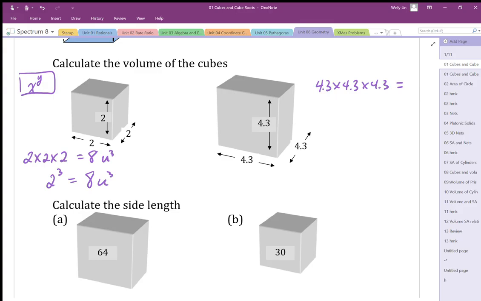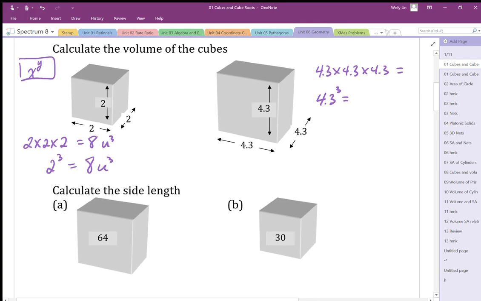But we can multiply those together, or we can do 4.3 cubed, and that gives us the volume of that cube. So cubing, although it is related to multiplication, is not multiplication. When we cube something, the math now starts becoming different, just like square math was different than multiplication math.